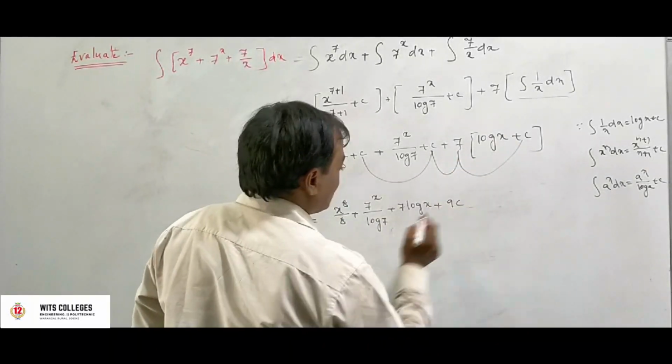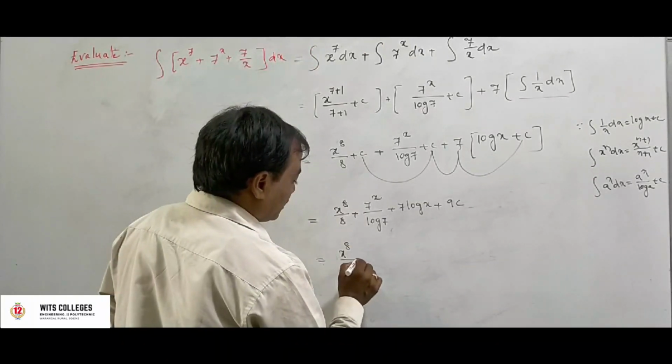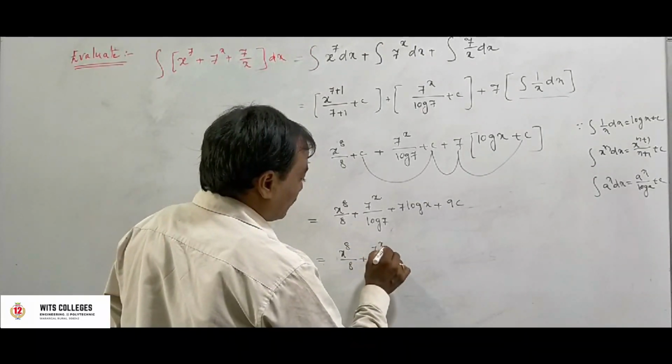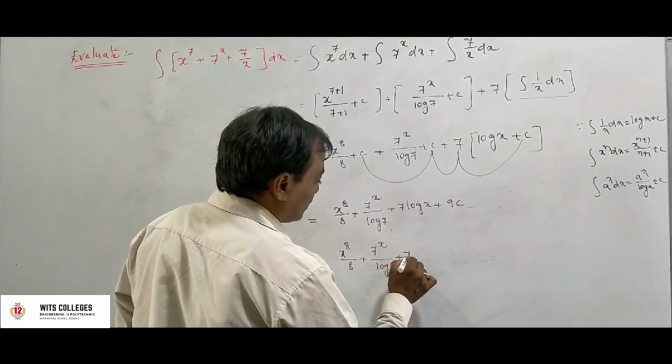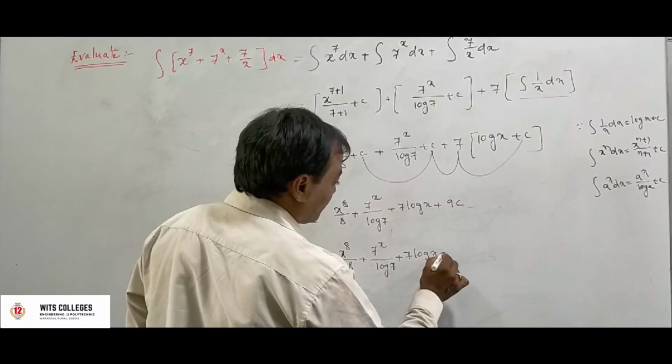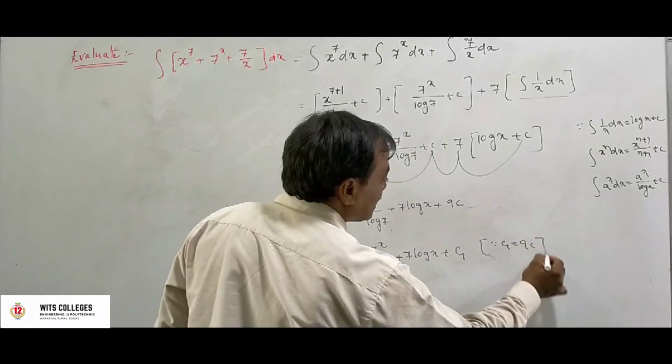So this is 9c. This is equal to x to the power of 8 by 8 plus 7 to the power of x by log 7 plus 7 log x plus c1. What is c1 here? c1 equal to 9c.